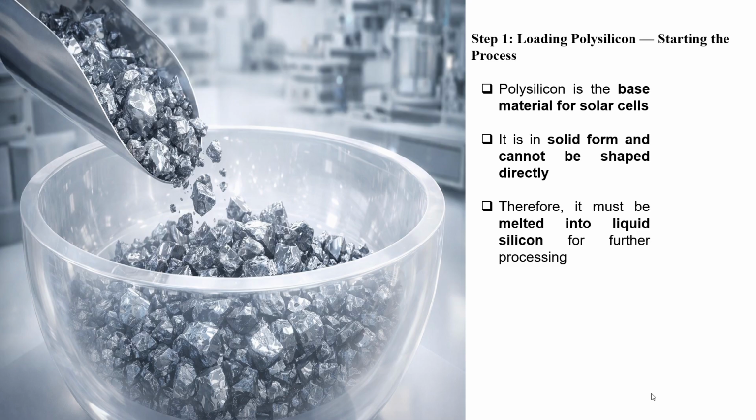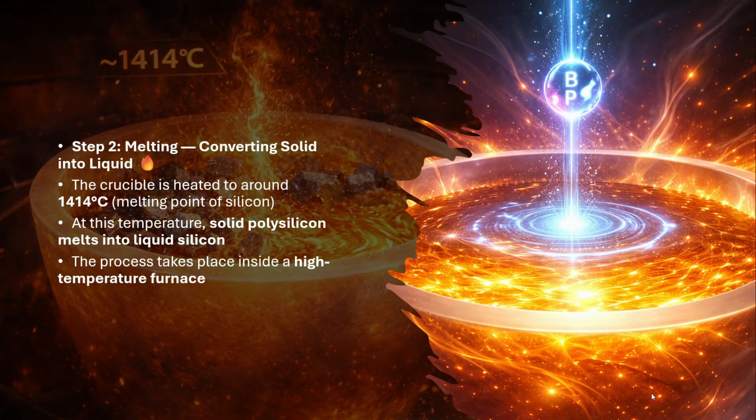So first we need to convert it into liquid form. Step two is the melting process, where we convert solid into liquid. Now the crucible is heated to around 1414 degrees Celsius, which is the melting point of silicon. You can see the image. At this stage, the solid polysilicon becomes molten silicon, a liquid form.